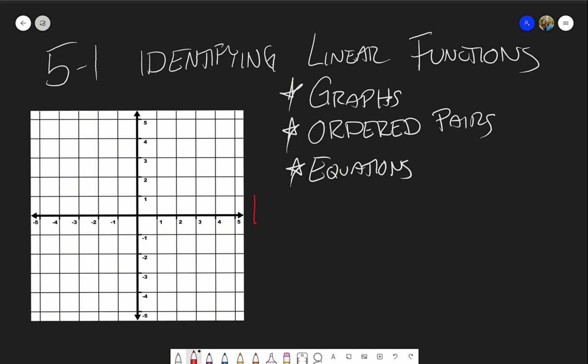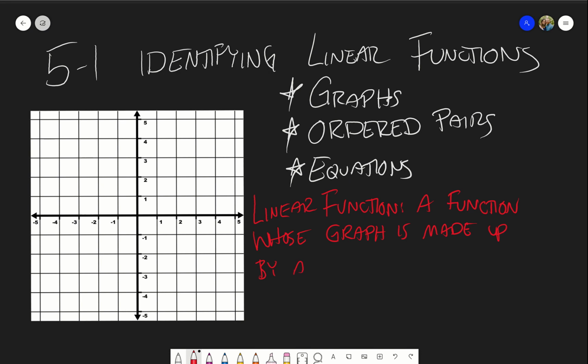So a linear function is a function whose graph is made up by a straight line. It's a function whose graph is made up by a straight line.